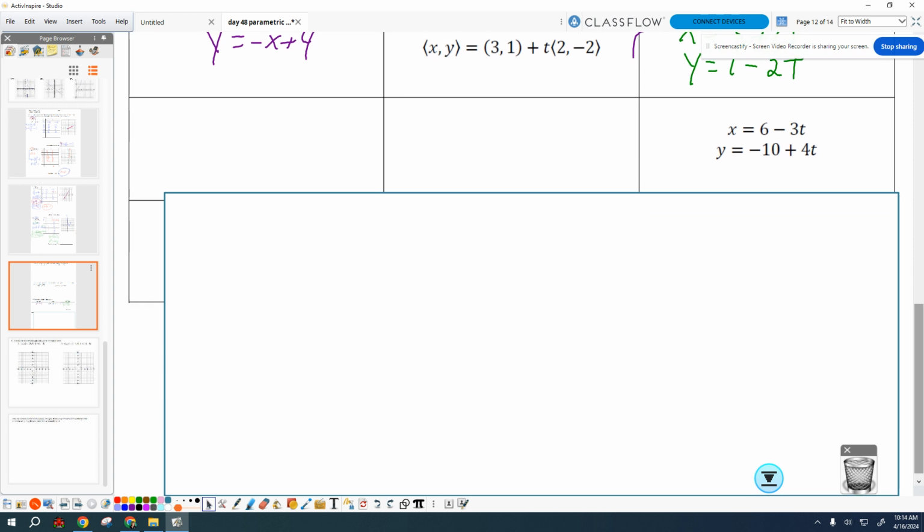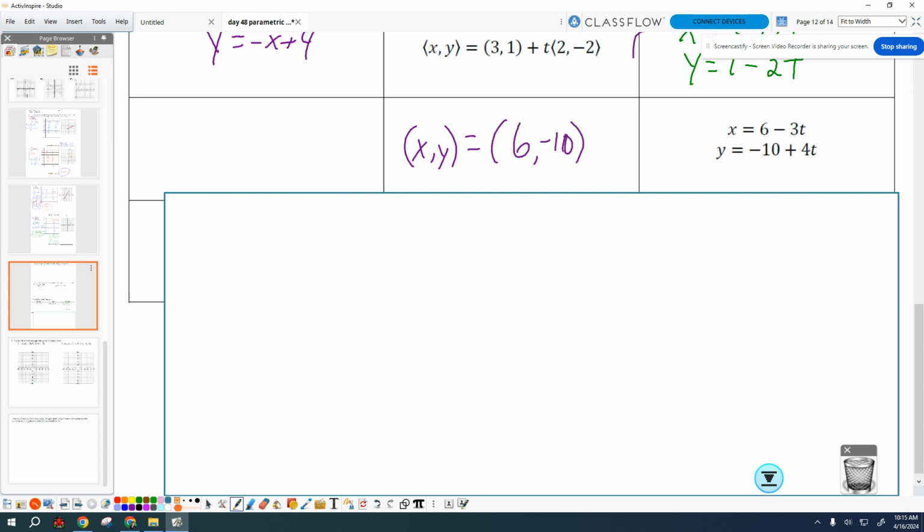So Nick, how am I gonna take this parametric and get the vector equation? Look what the vector equation looks like. I need something in that kind of pattern. So 6, negative 10.